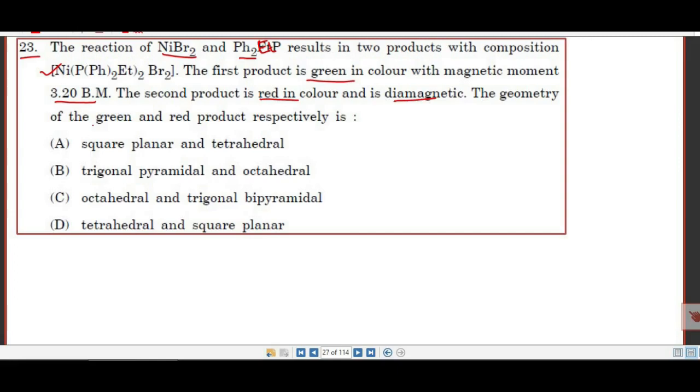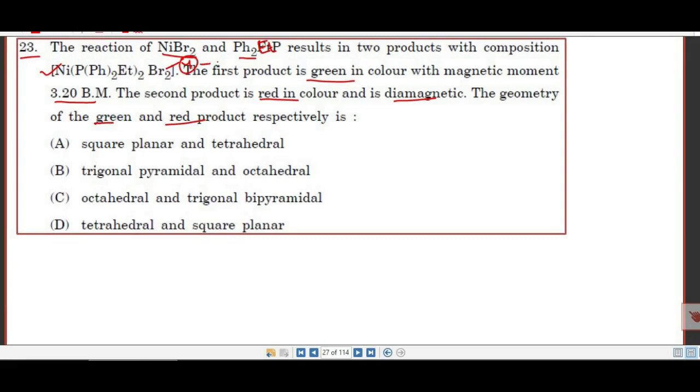The geometry of the green and red products is, respectively, square planar, tetrahedral; trigonal pyramidal and octahedral; octahedral, trigonal bipyramidal; tetrahedral and square planar. From this we can calculate. Here it is a 4 coordinated complex.